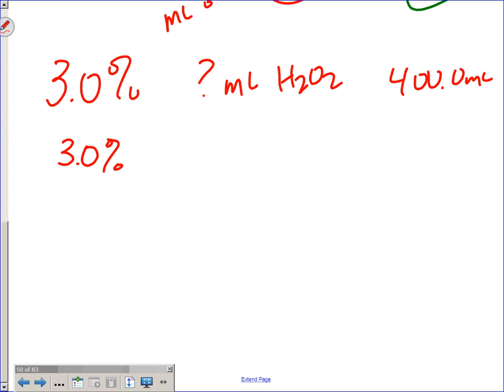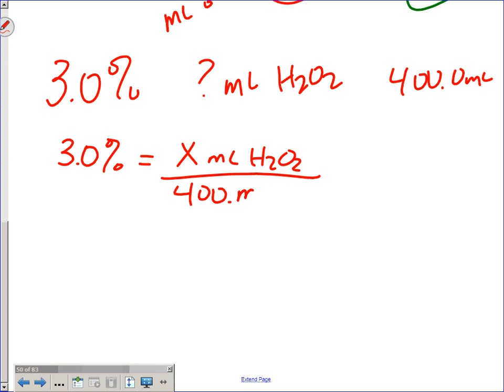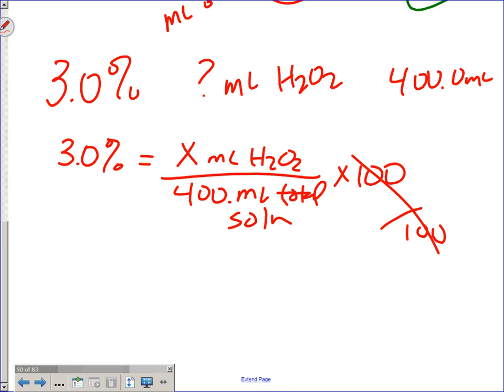So he's saying 3% is equal to X milliliters of hydrogen peroxide over the 400 milliliter solution total, because that's the bottle volume, and that's actually still times 100. So he took this and said, let's divide by 100, and on this side that cancels. When you divide by 100 on this side, say again, Nick, what's 3% divided by 100?